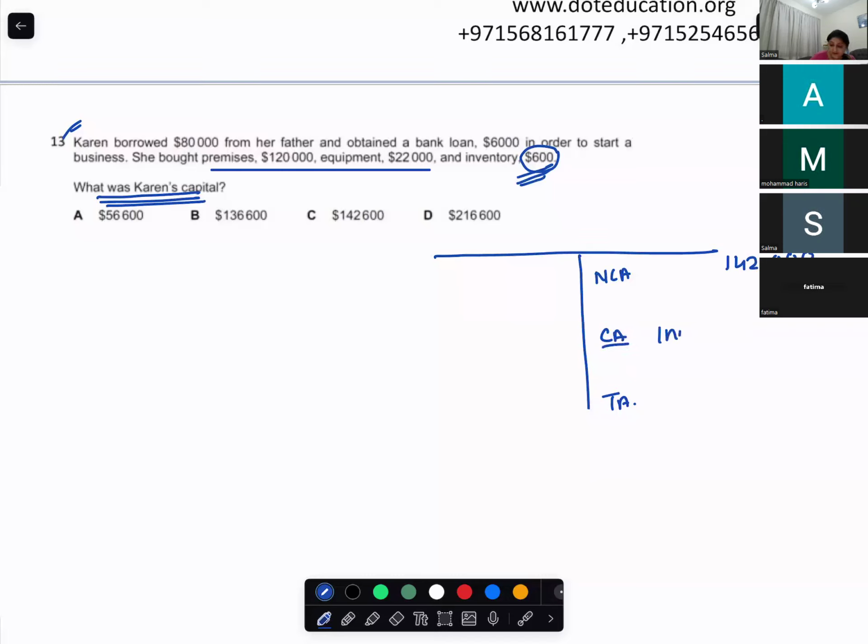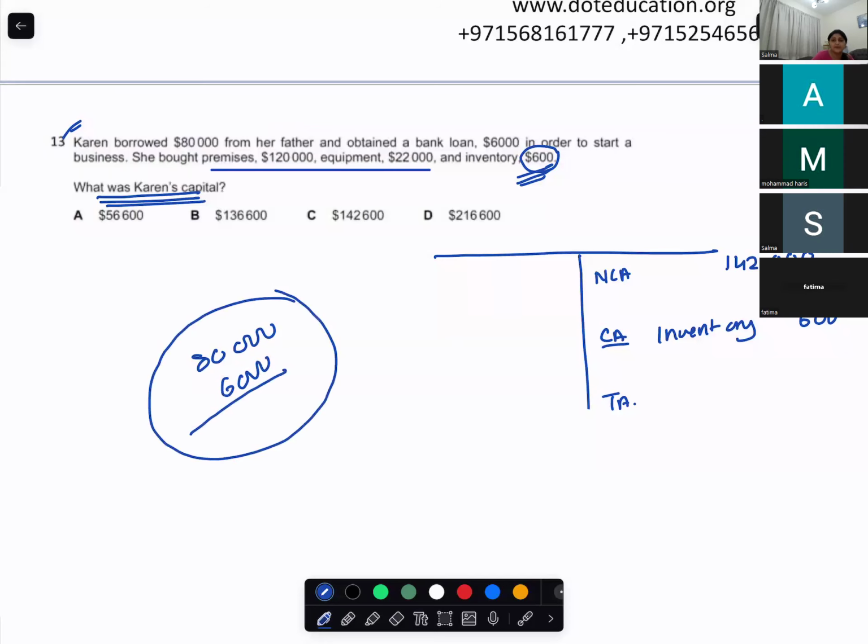So you have inventory as 600. Are you with me? But you borrowed 80,000 from the father, took a bank loan of 6,000. That means this money would be there in cash with you. You borrowed 80,000 from your father, obtained a bank loan 6,000.